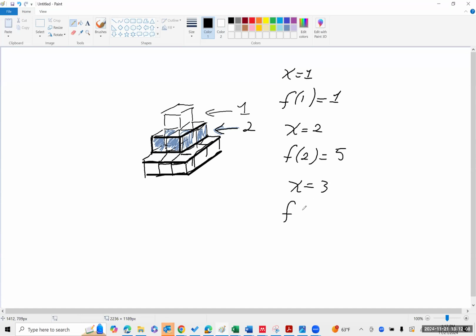And so when you plug in a 3, and if we count all the cubes, it's the 3 by 3 on the bottom, which is 9, the 2 by 2 in the second layer, which is 4, and the 1 by 1, which is here. So total it's going to be 9, 10, 11, 12, 13, 14.